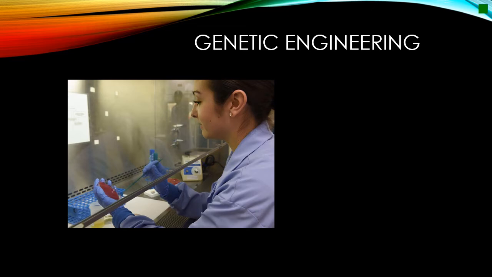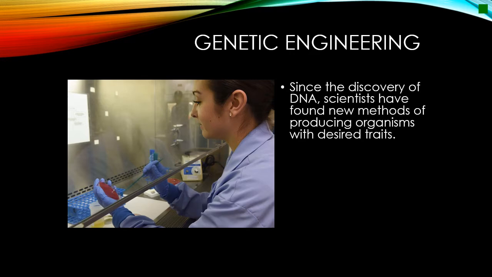So this leads us to genetic engineering, which is just the next step along the way from selective breeding. When scientists discovered DNA, they found new methods of getting desired traits into organisms.